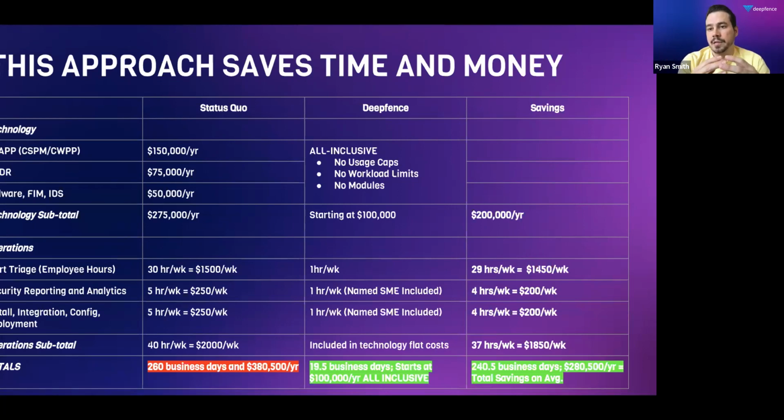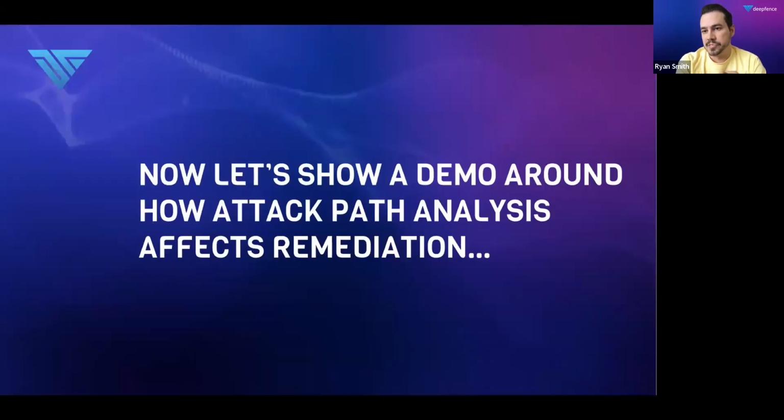And that's significant, particularly in tougher economic times, when we're thinking about ROI of our security decisions. We really think that approaches around attack path analysis are important to cost and time analysis as well.